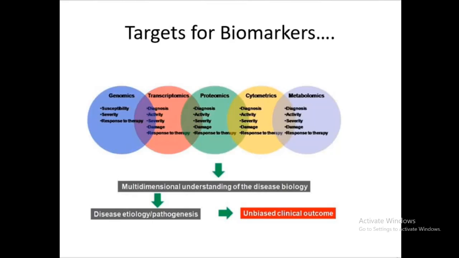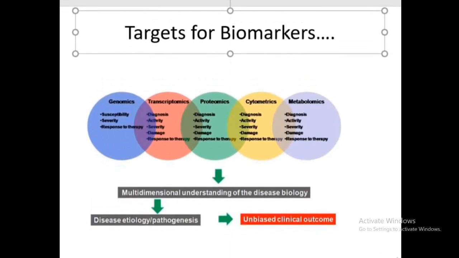And bringing all that information together, it can give us a good clinical picture, which will help us make a clinical decision in terms of disease and how these biomarkers may impact on the clinical outcome.